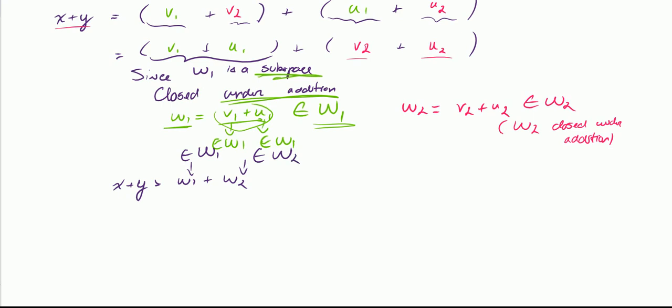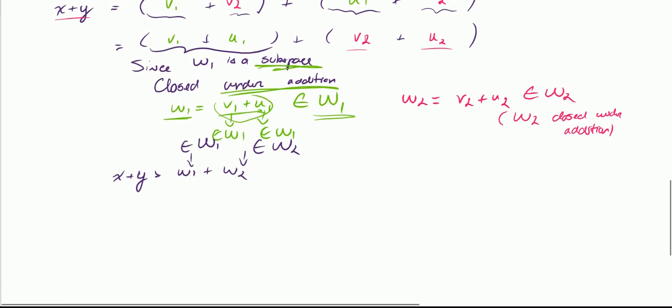By definition of the addition of two sets, this means that x plus y can be represented by the sum of an element in W1 and an element in W2. In other words, W1 plus W2.